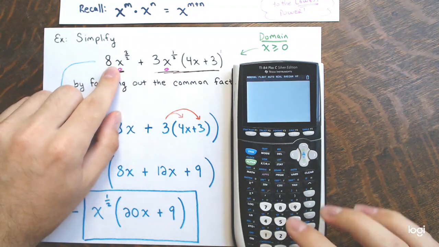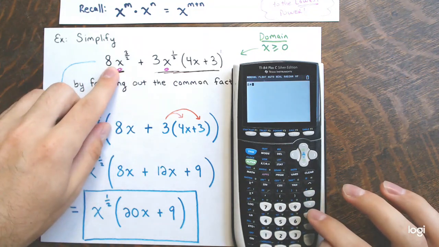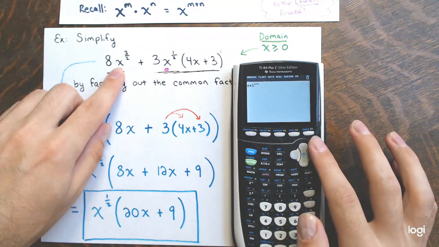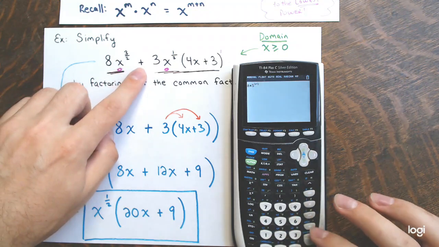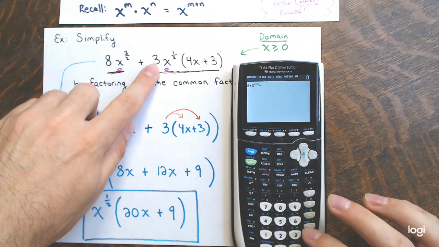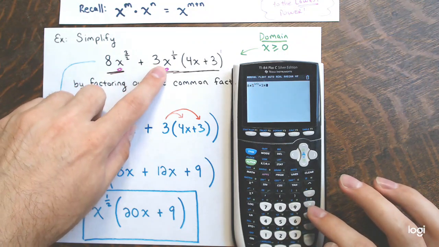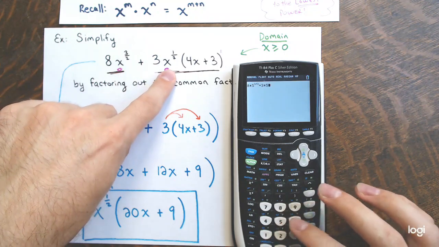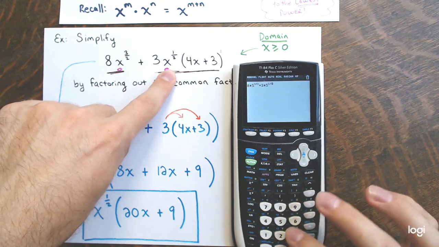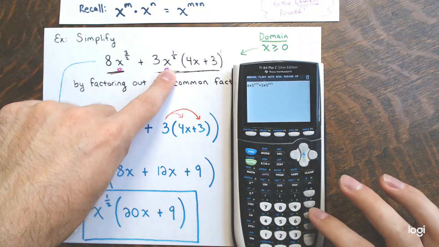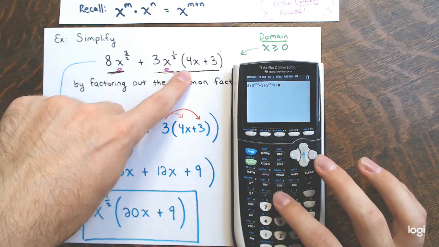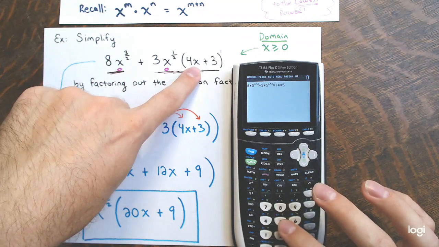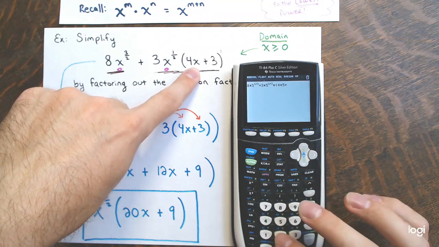So this first term, I had 8 times 5 raised to the 3/2 power, plus 3 times, and then x, again, I'm letting x be 5, so 5 raised to the 1/2 power, times, and then in parentheses, 4 times 5, right, I'm letting x be 5, plus 3.